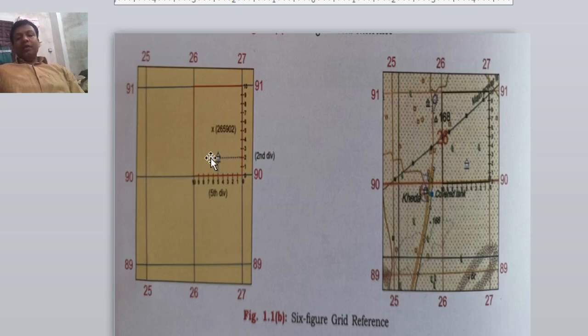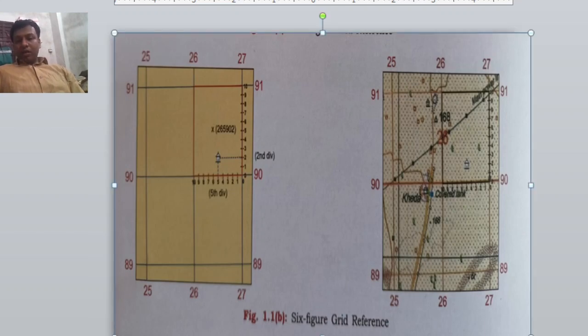We have the structure of a six-figure grid reference. So you have to count like that. If you count from here, you go through like that, 1, 2, 3, 4, 5, 6, from left to right. So this is a six-figure grid reference.